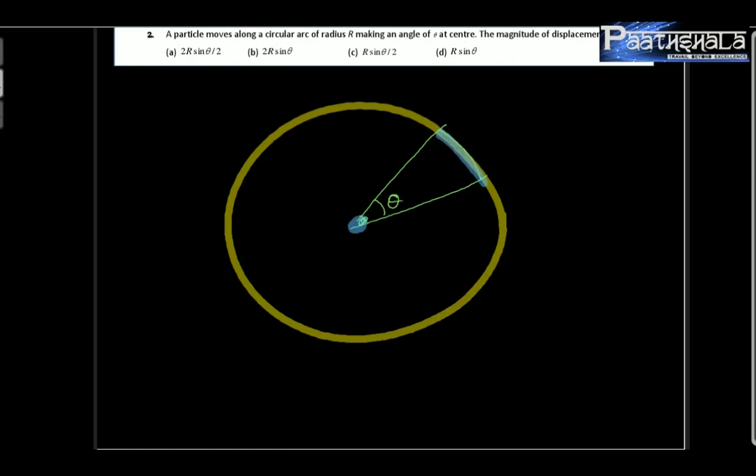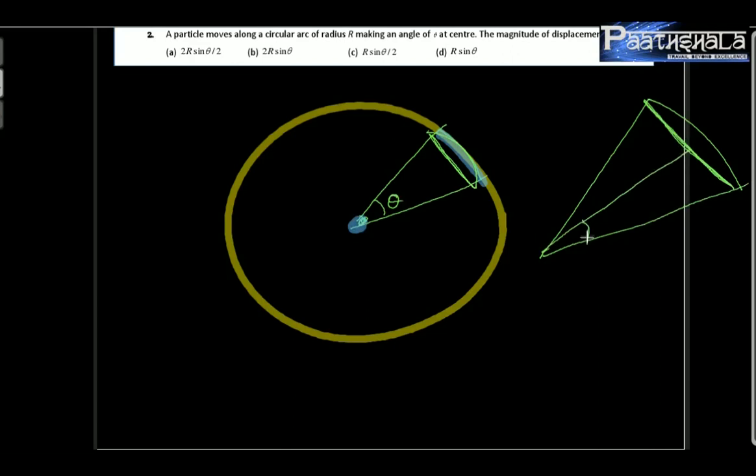So basically, displacement is this line. Let me draw this diagram clearly. So displacement is this line. What is the value of this line they are saying? So if it moved through theta, then this is theta by 2, right? And this is r. ABCD.